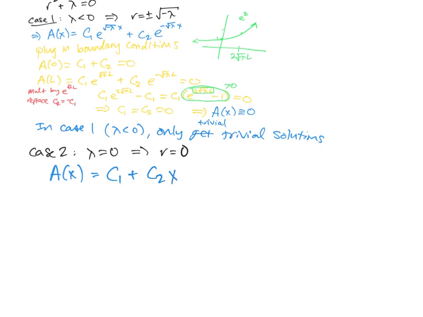And so this is the form of our solutions. And again, if we plug in the boundary values you can verify this yourself. So the boundary values imply that, again, a of x has to be 0. So again, we only have trivial solutions.